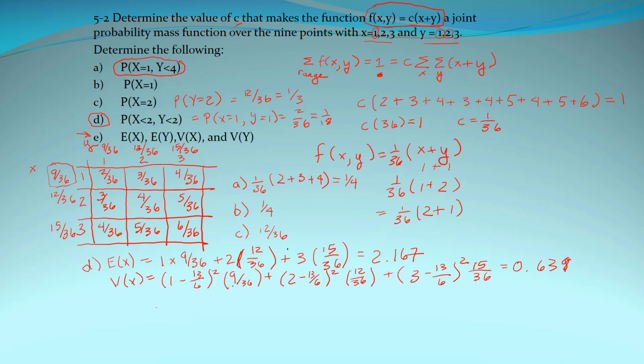And then you'll just have to trust me, or better yet, you can work it out for yourself. You can find that the expected value of y is similarly 2.167 because it's a symmetrical matrix there, and the variance of y is going to be 0.639.